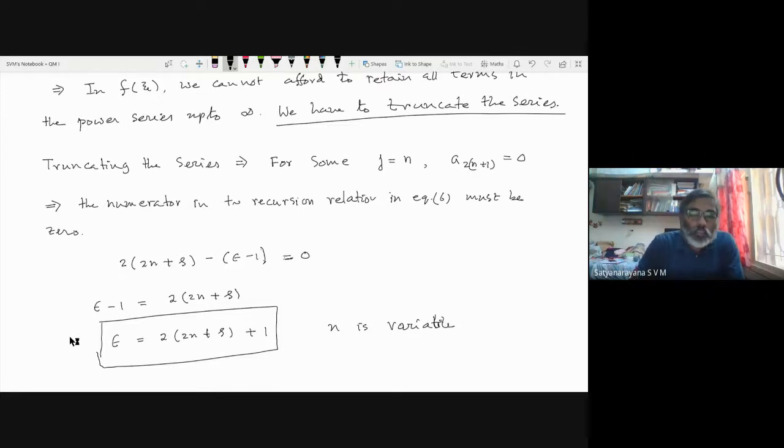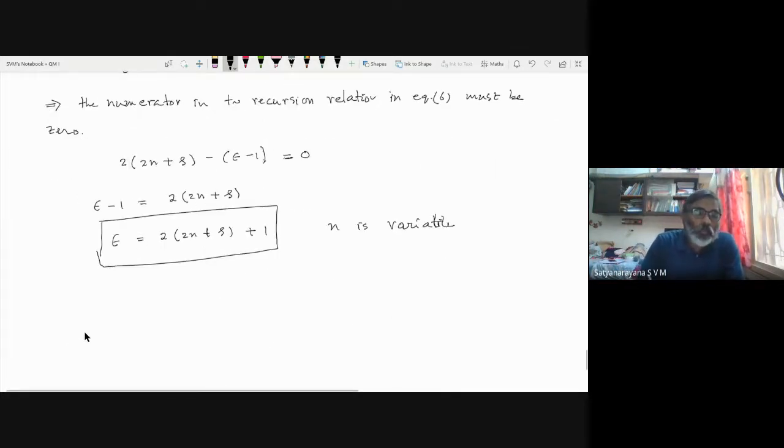But now you can see that suppose I take s equal to 0, then epsilon is equal to 2 times 2n plus 1 as the value. But now let's go back. The energy is equal to E naught into epsilon.